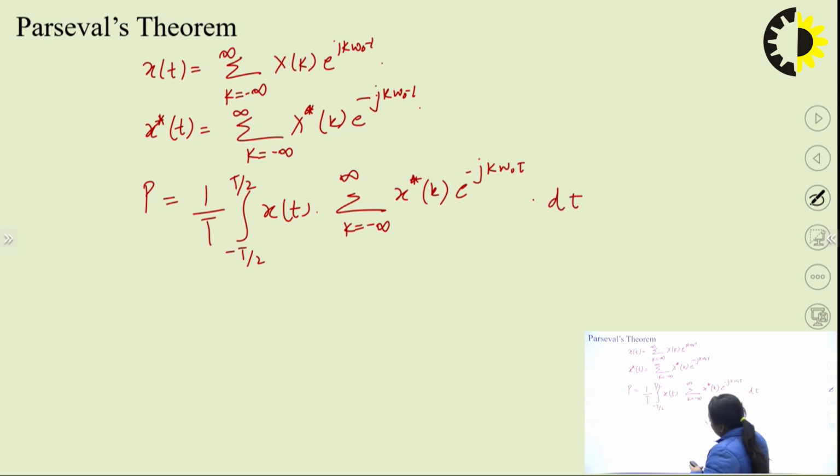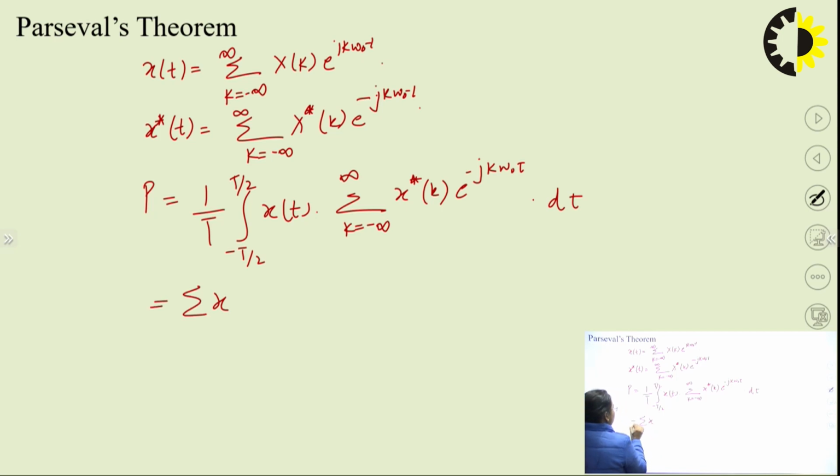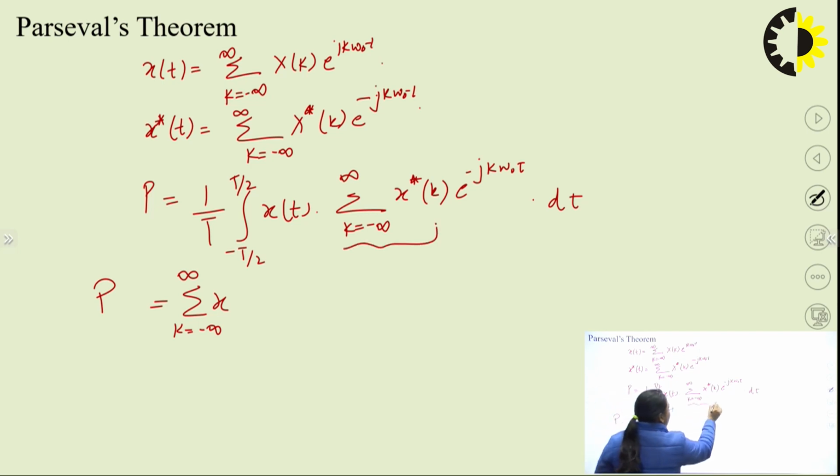Now taking this X_k star outside along with the summation, out of the integration, because the integration is in terms of time, so there is nothing to do with the term X_k star.